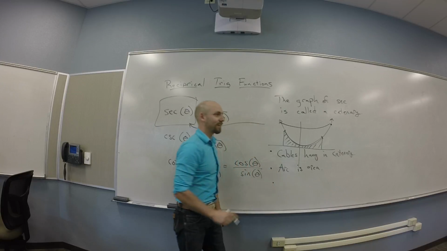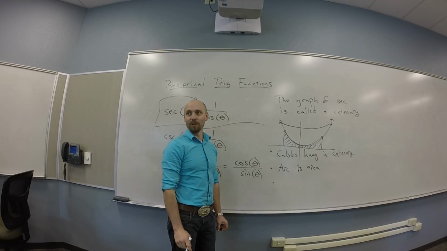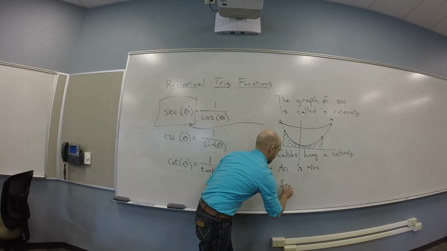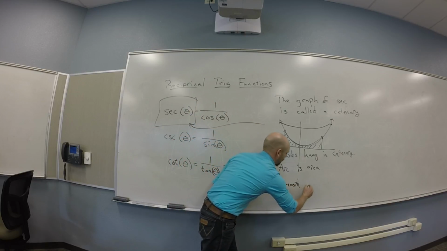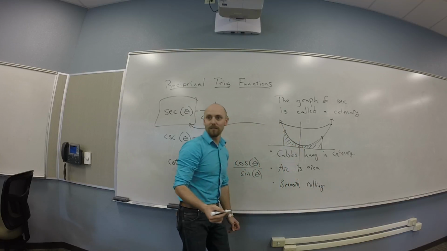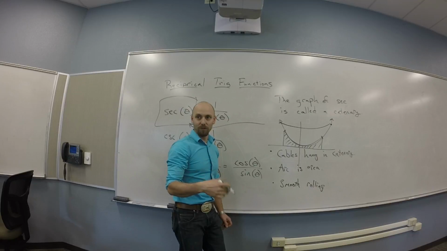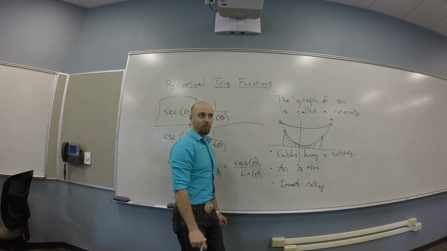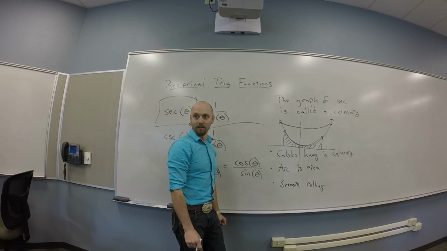And the third cool thing is you can make a smooth rolling square with catenaries. Like his unicycle. If you go look at my personal YouTube channel, there's a video of a square-wheeled unicycle that I made.